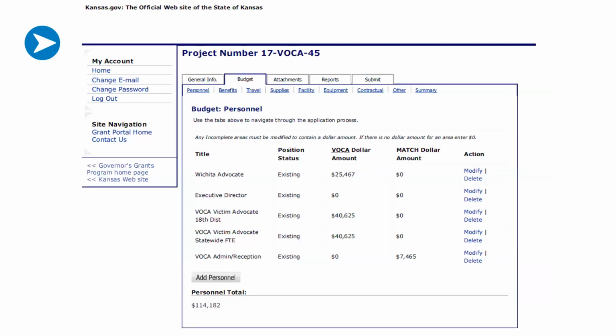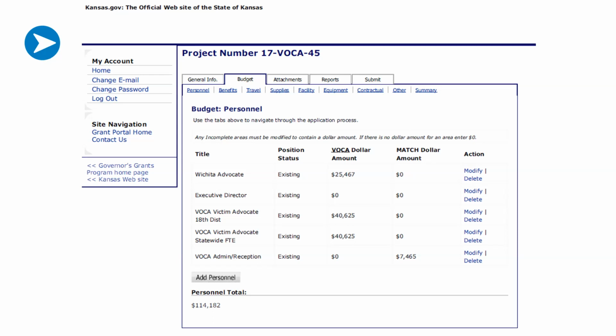Another example of a budget in personnel comes from the Victim of Crime grant, and sometimes your budgets are entered into web portals. In this case, the state of Kansas requires that you use their budget template, and they have it online.